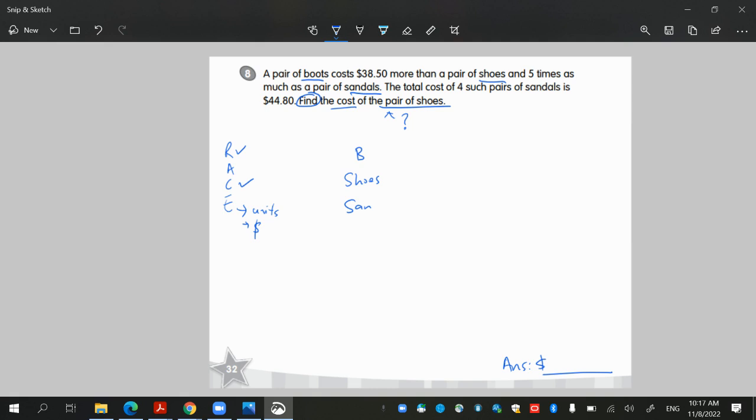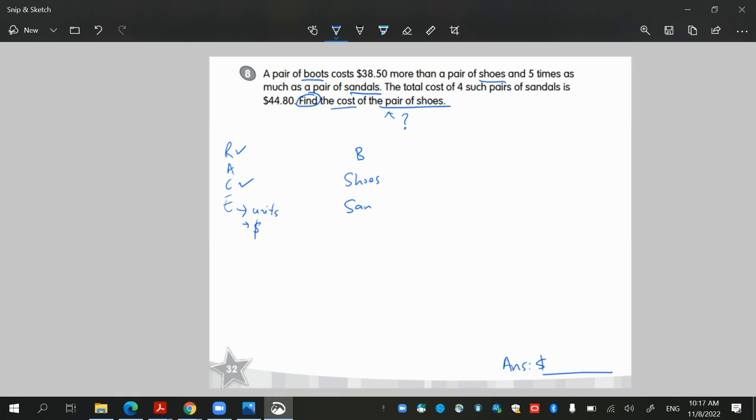So the three items, they didn't tell you the price of any of them. If you look at the question and read it again, do you know the cost of the boots? No, that's a question mark. Do you know the cost of the shoes? Nope, that's also a question mark.